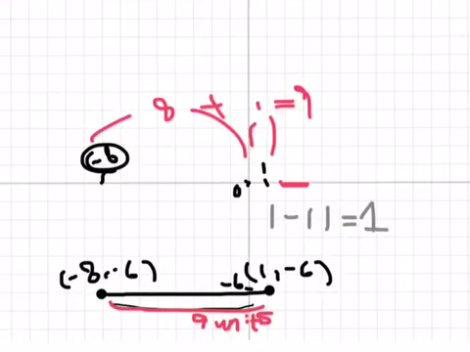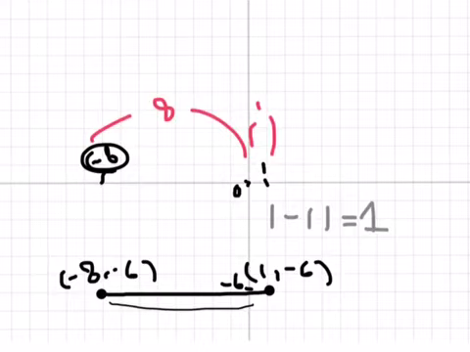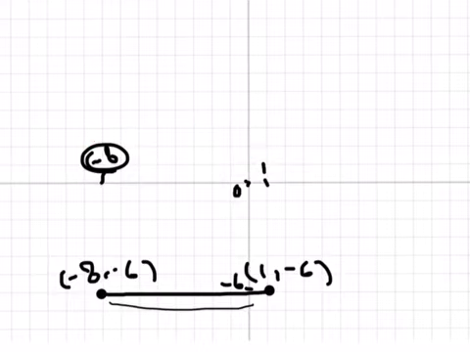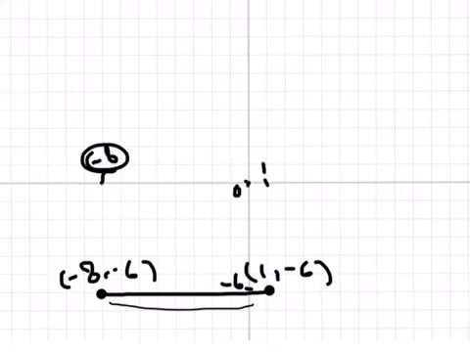So why don't we get rid of all this? Boom, boom. Oh, wait. Okay, I brought it back to life. Anyway, so we all know this is 9 now. And wait, what is the perimeter of a rectangle?